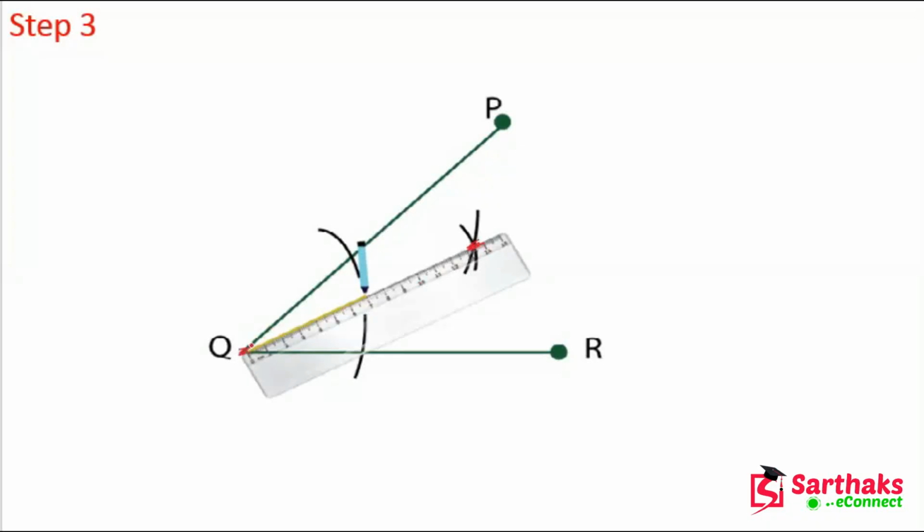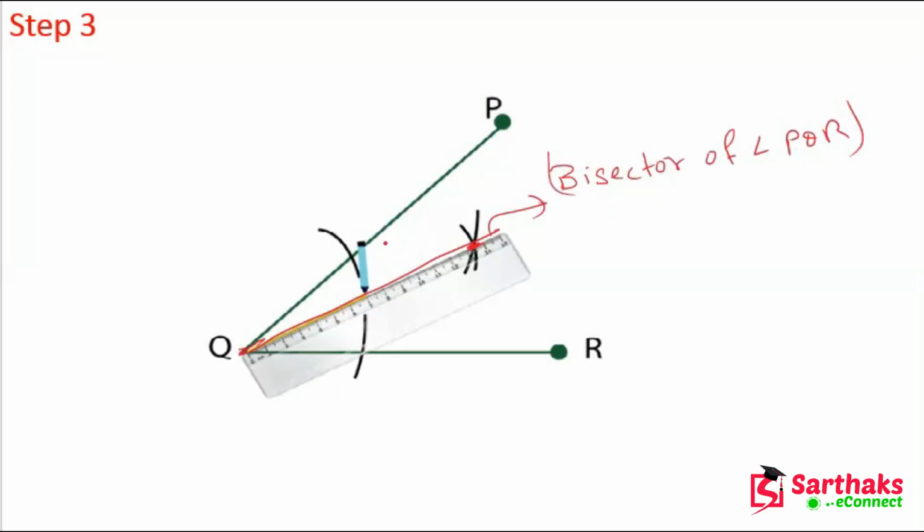This is the angle bisector. This line drawn from point Q represents the bisector of angle PQR.